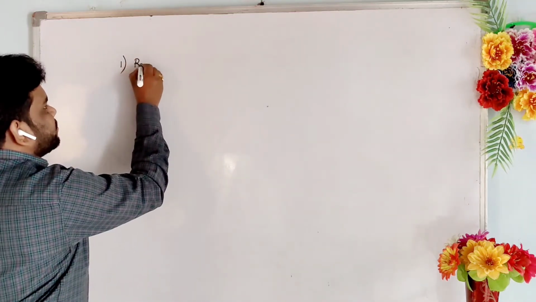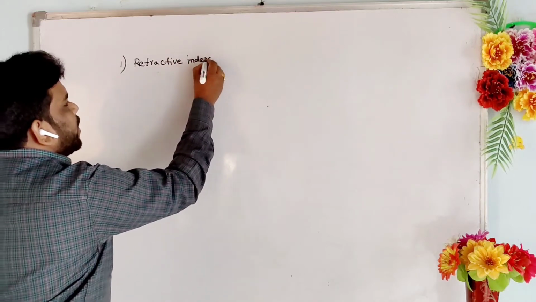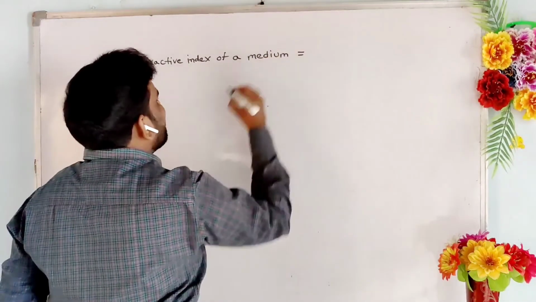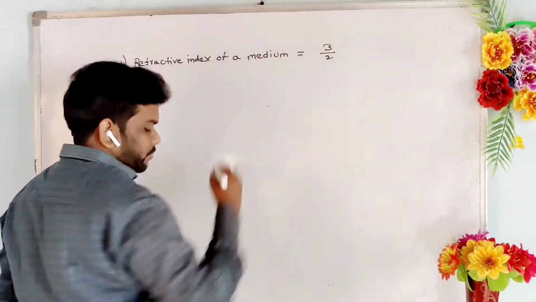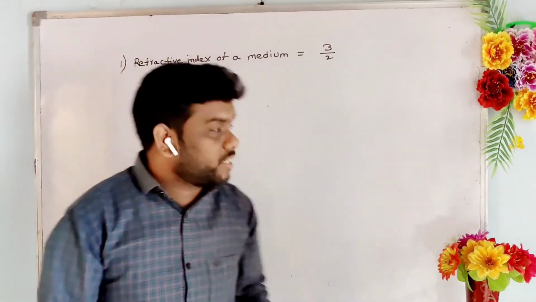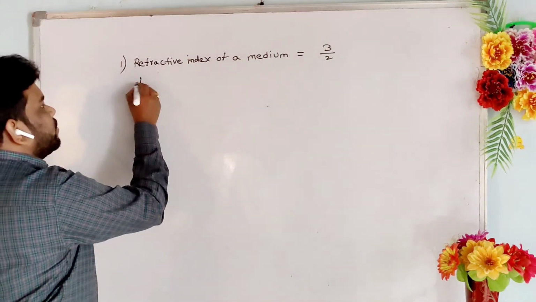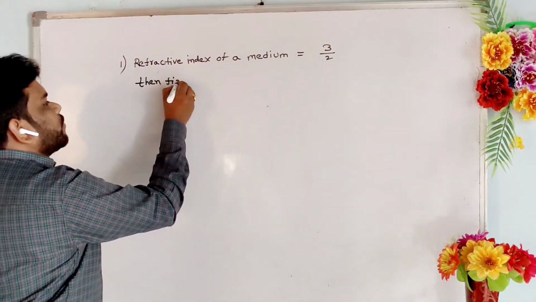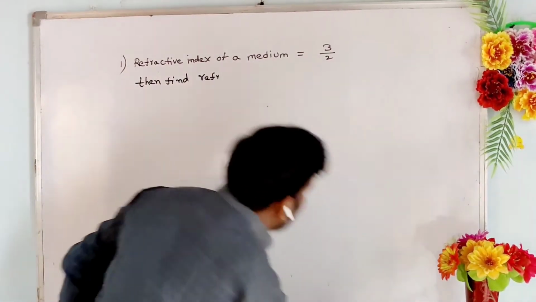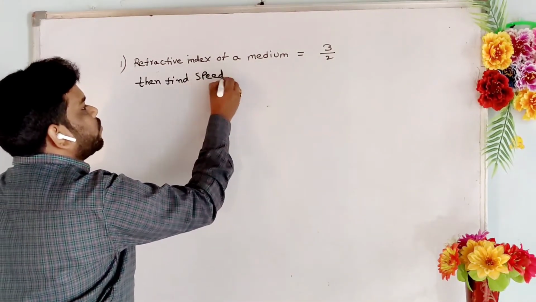refractive index of a medium is equal to 3 by 2. Then find the speed of light in the medium.